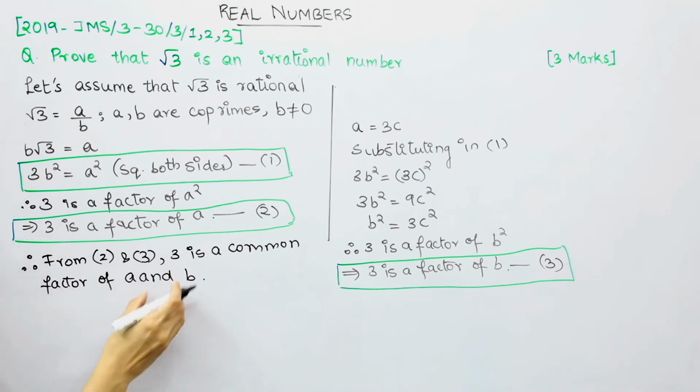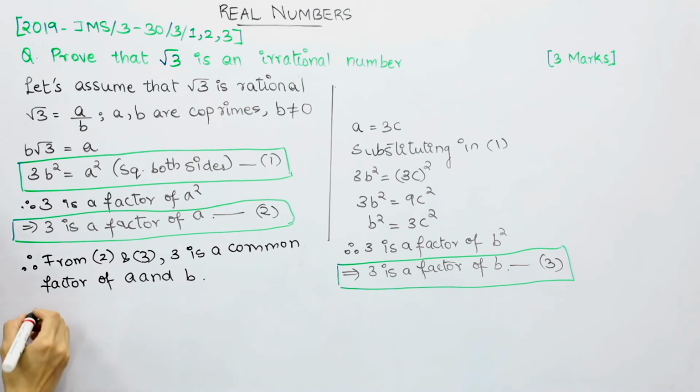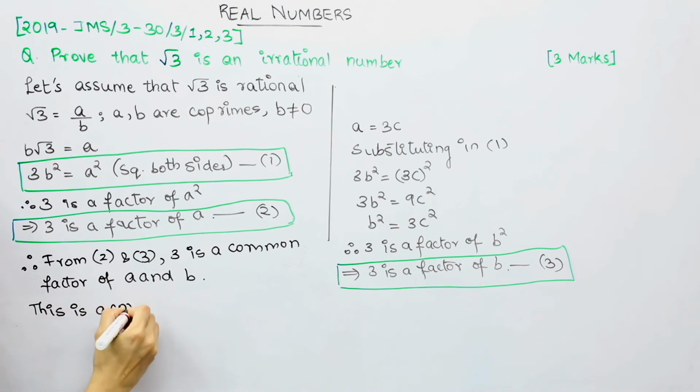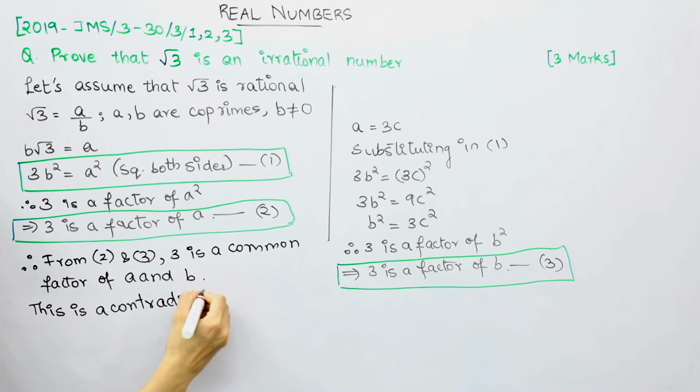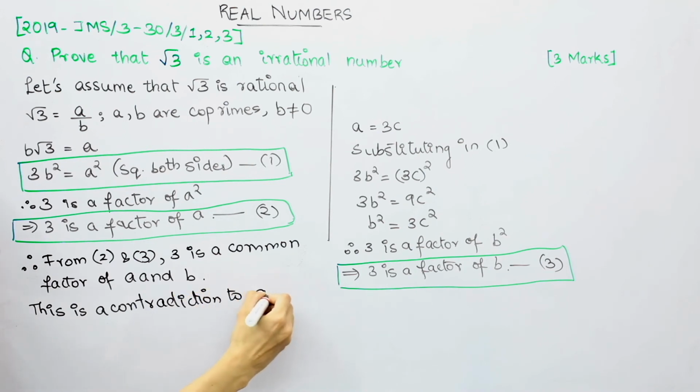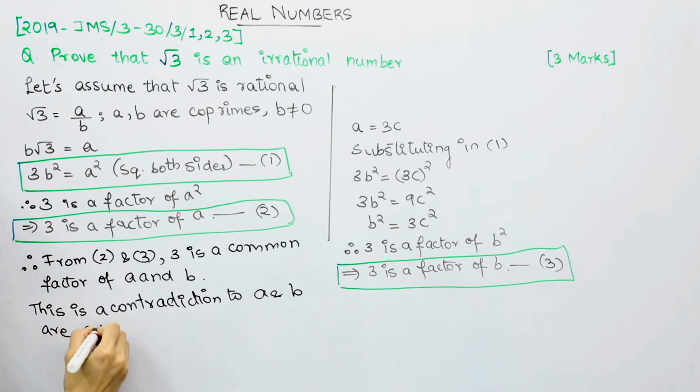But we assumed that a and b are coprimes. In that case, they should not have any common factors. So here we have arrived at a contradiction. This is a contradiction to a and b being coprimes.